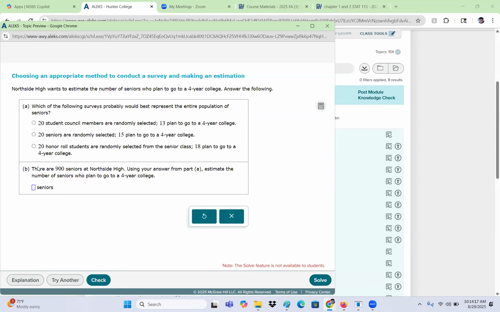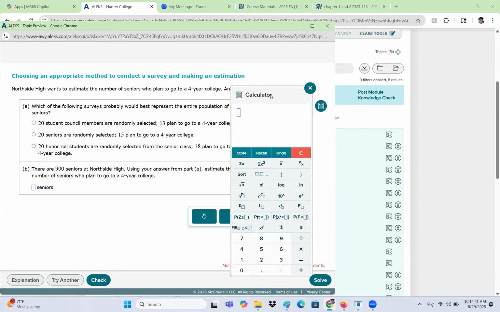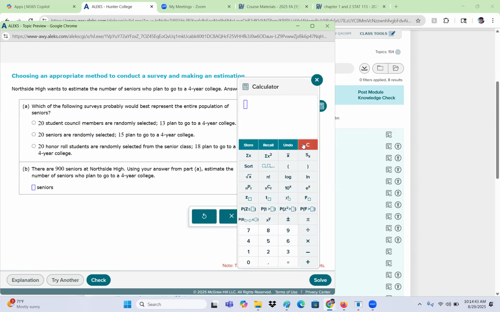So we have to pick B, and we can also look at this one. We have 900 seniors and use the answer from part A. You want to estimate the number of seniors who plan to go to a four-year college. So every 20 you got 15. So every 900, we can simply do the math for that. We can also do it on a calculator. This is the calculator we're going to use.